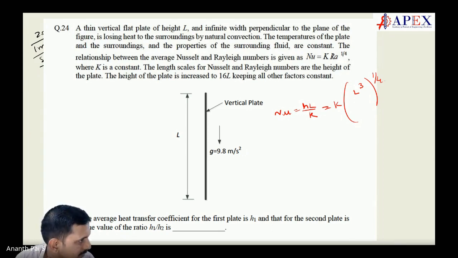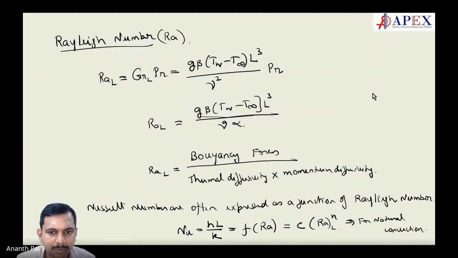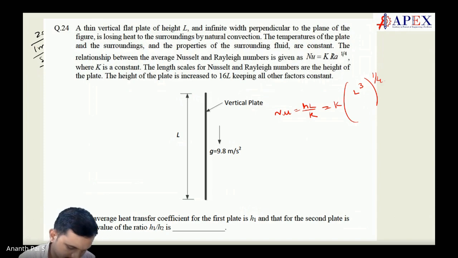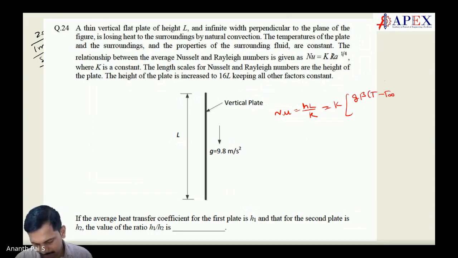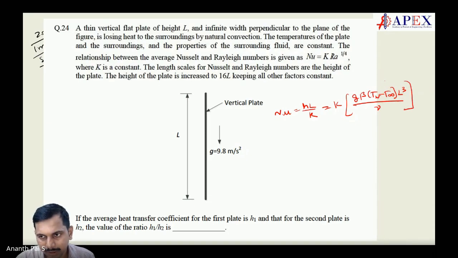Very important. What is the Grashof number? Grashof number we have taken as g beta. So K into g beta (T_W minus T infinity) L cube divided by nu square, raised to 1 by 4.